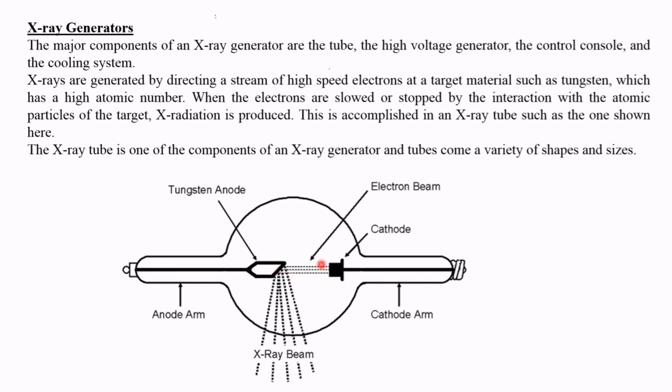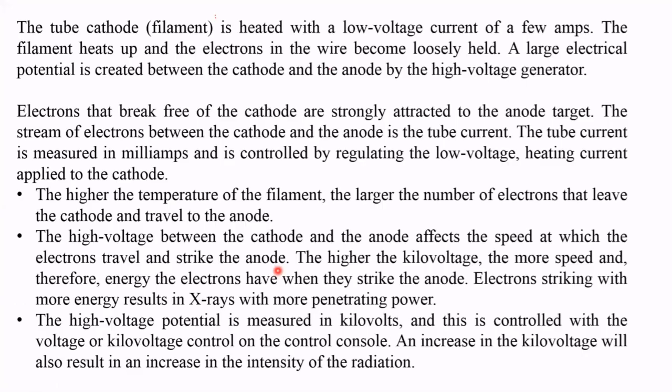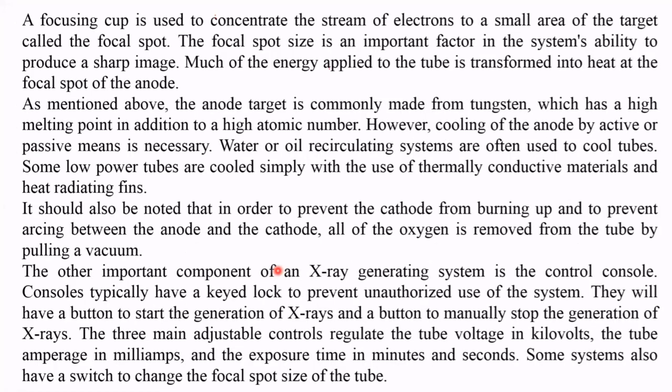That's why we focus all electrons to a single spot on the anode, and for that purpose we use focusing cups. And one more thing, as I already told, the anode is made of high atomic number materials, especially tungsten and molybdenum. To avoid burning up, we remove the oxygen from the tube.